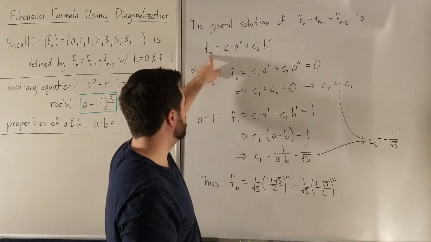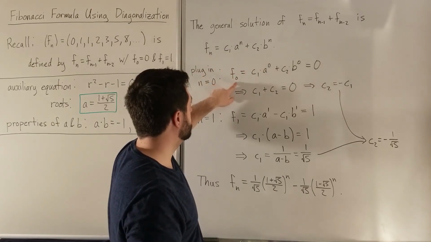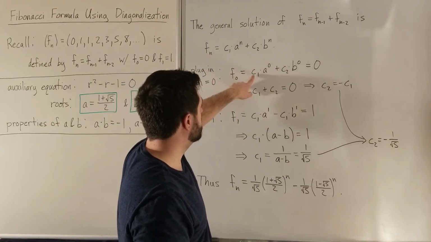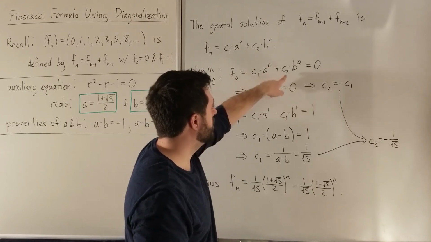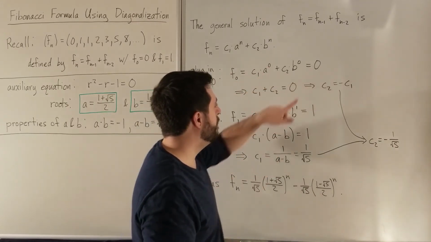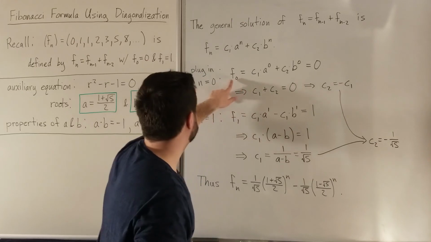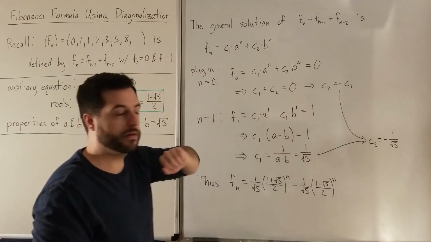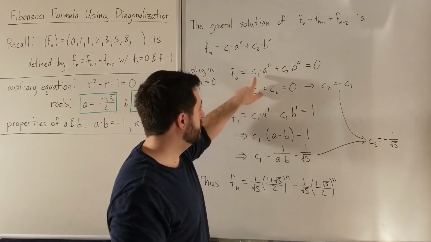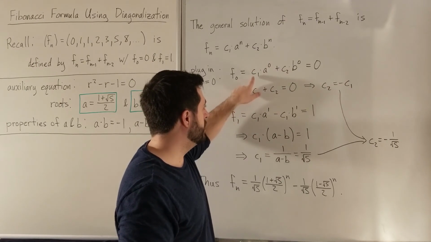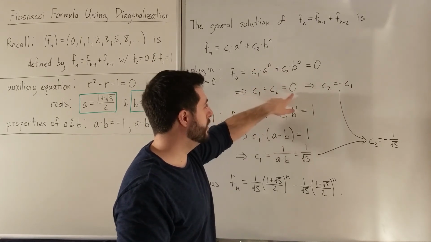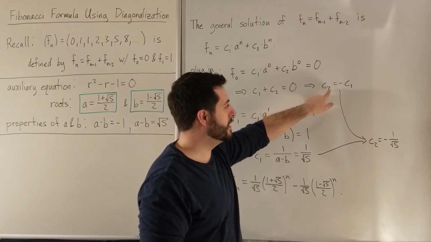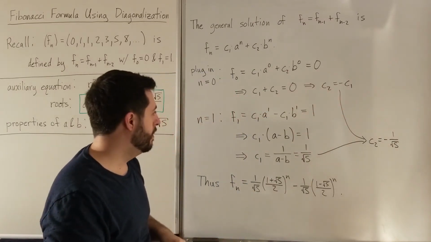So when we plug in n equals 0 into this equation right here, we get f sub 0 on the left side, and on the right side we get c1 a to the 0 plus c2 b to the 0, and we know that that should be set equal to 0 because f0 is 0. Okay, simplifying this, a to the 0 is 1, b to the 0 is 1, so this is just c1 plus c2 equals 0. Another way of saying that is c2 equals negative c1.